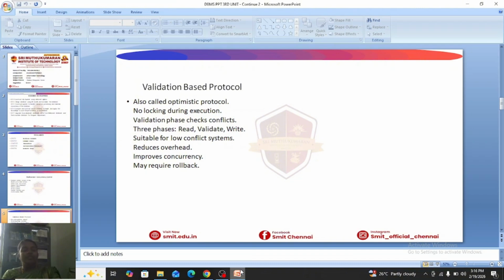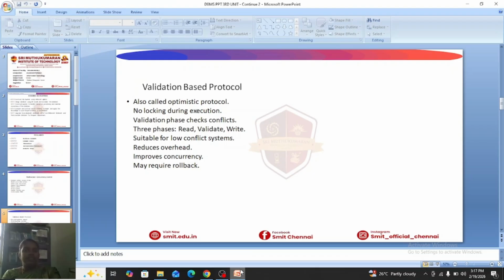There are three phases of the validation protocol, that is read, write and validate phase. First, the read phase. The transaction reads data items and stores changes in local memory, that is a temporary workspace. No changes are written to the database yet. Moving on to the validation phase.